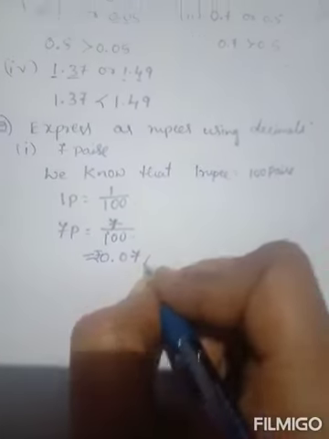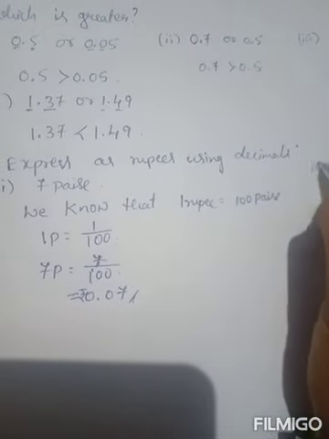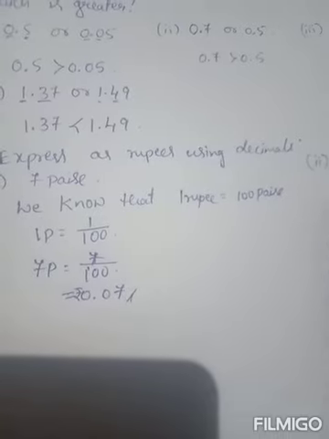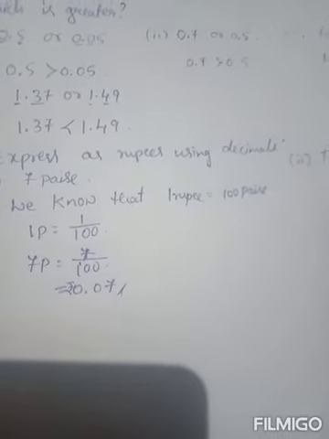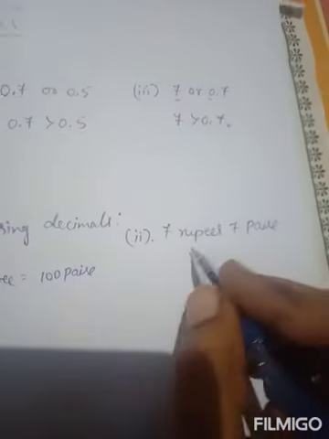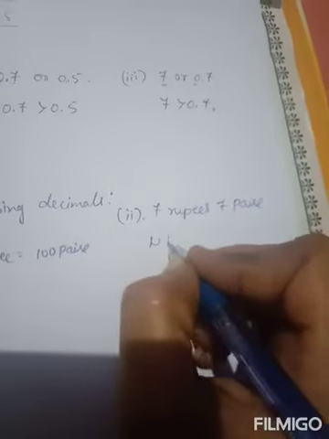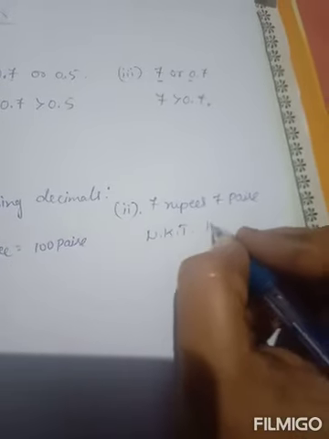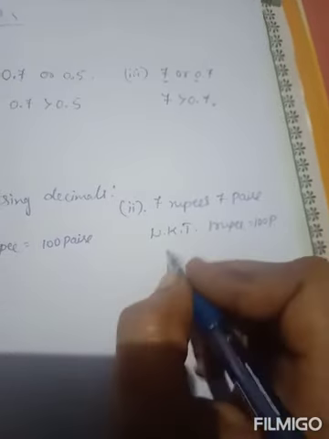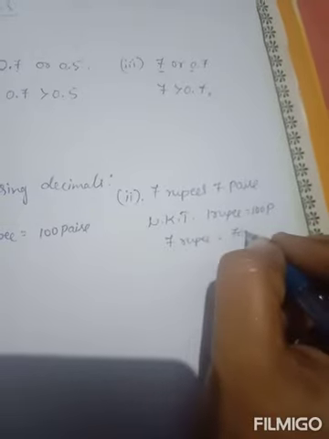Understood? Next, I will show one more thing. Second one, 7 rupees 7 paise. Then 7 rupees you keep as it is. We know that 1 rupee is equal to 100 paise. Then 7 rupees is equal to 700 paise.